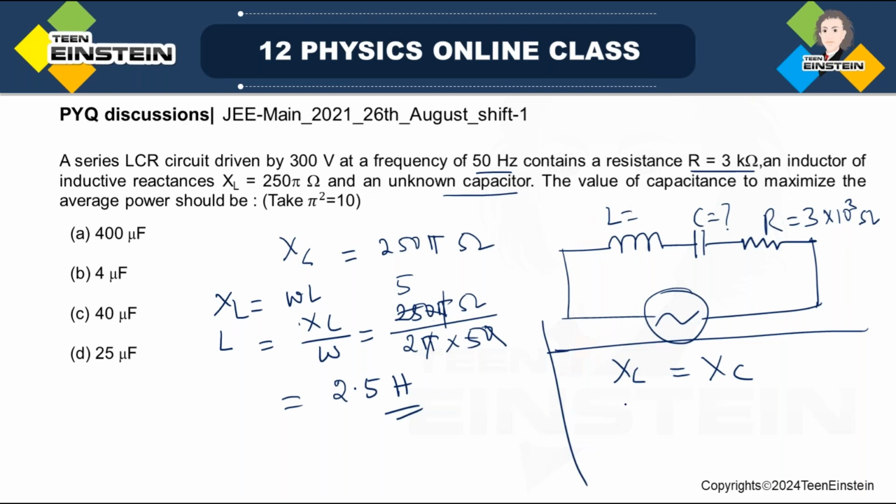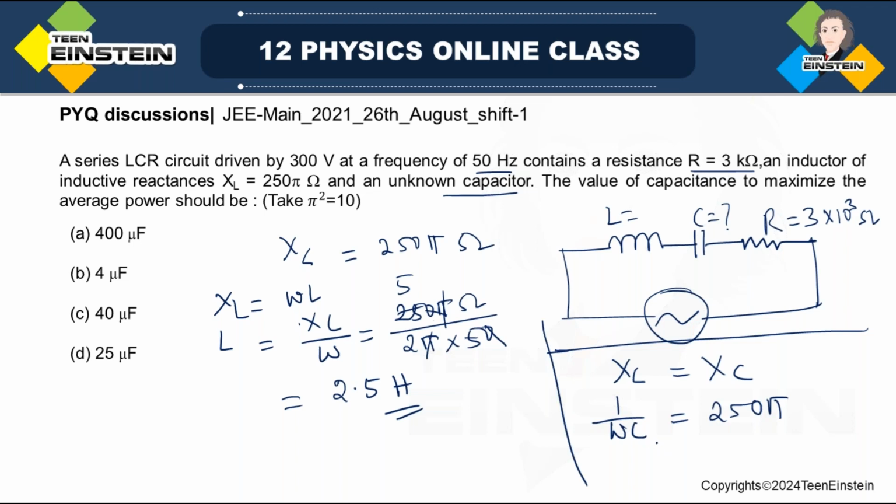Okay, XL must be equal to XC. So what is XL? XL is given, then you have to find out what is XC. XC means 1 over omega C, and XL is given 250 pi. Okay, all right. So what is C?